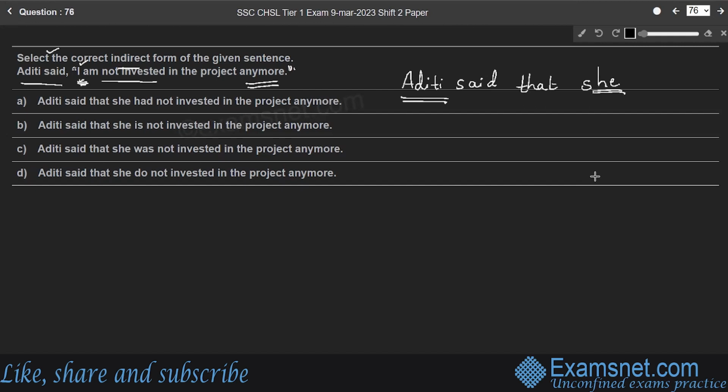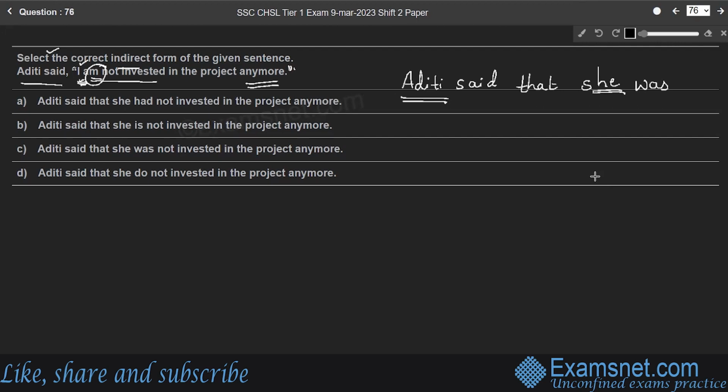So she was not invested, because here it is I am. Therefore, it becomes she was, so that the verb tense undergoes a back shift. Since the original sentence is in the present tense, which is am, it is changed to the past tense. So it becomes Aditi said that she was.